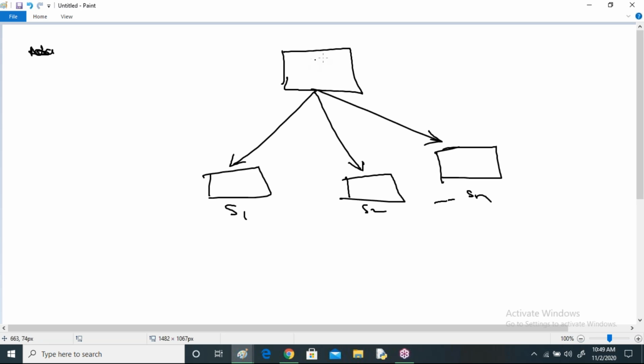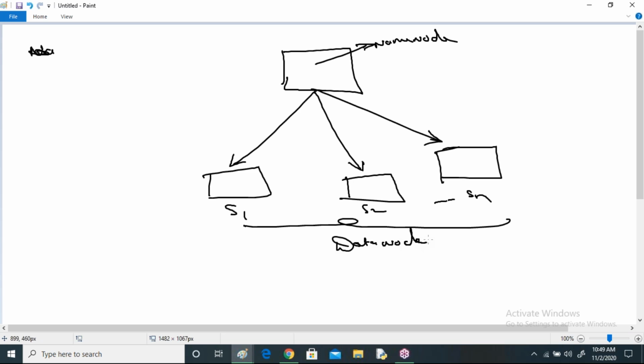This is my master, which we call the master node, the name node. These slaves we call data nodes. Let's see what happens within the name node and within the data nodes.